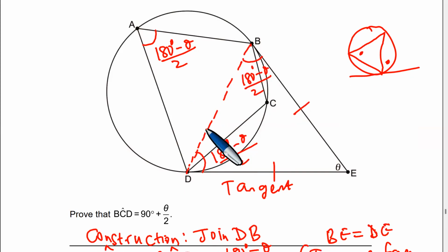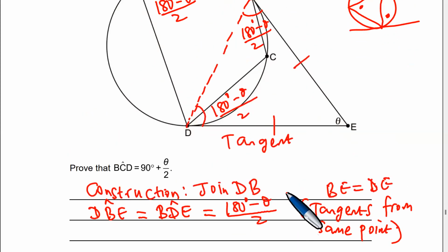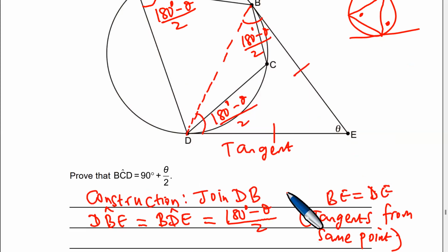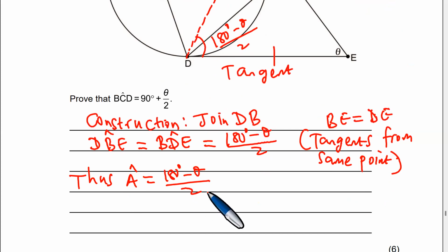All right, you get this. So in other words, we come here and say thus angle A is also equal to 180 degrees minus theta over 2. Why is angle A equal to this?